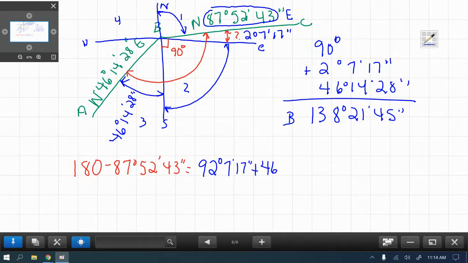So there's a couple of different ways to solve this, and I probably should have said, which way do y'all want to solve it? Looks like most of you did it just like this one right here. Am I right? You figured out the 2 degrees.